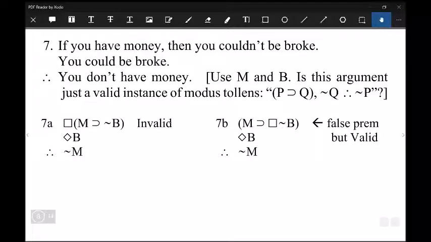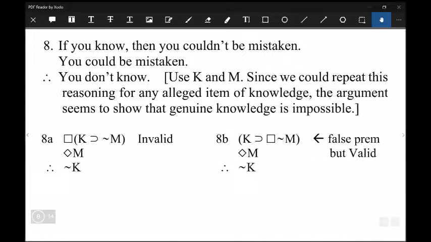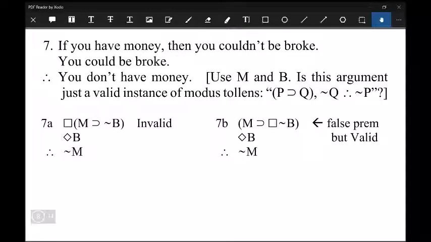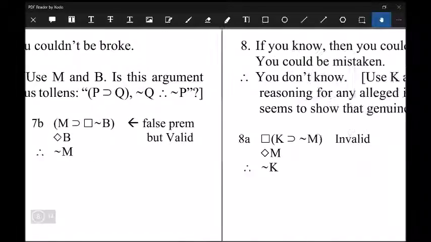So if for money you substitute knowledge, and for broke you substitute mistaken, you just substitute letters here, and you get here. And the purpose of this is to give you an example of a simpler argument which commits the same fallacy.